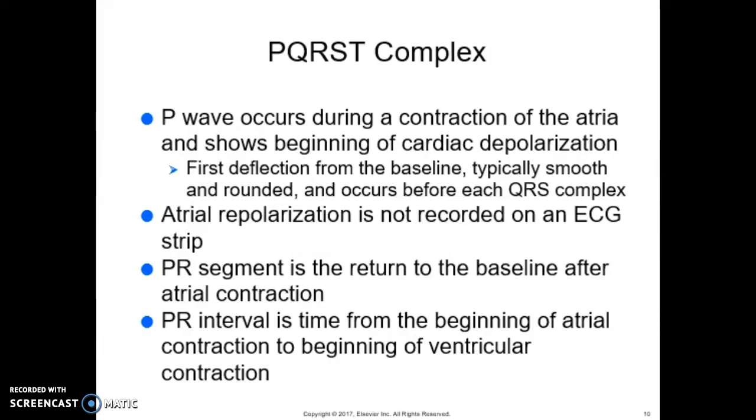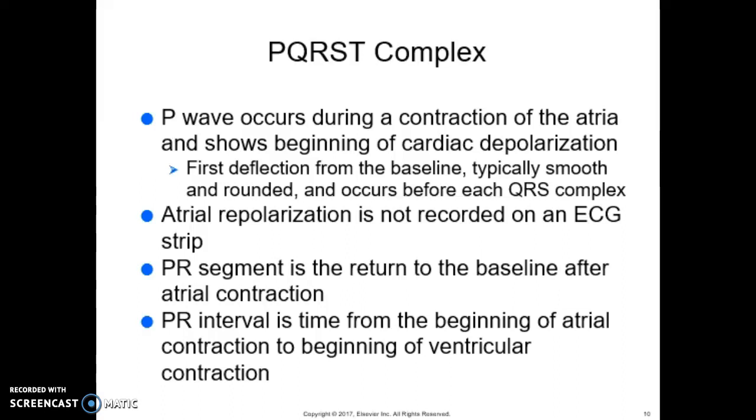So the PQRST complex. Why do you think the atrial repolarization is not recorded on the ECG strip? If you guessed that it's because the electrical impulse is small and is hidden in the QRS complex, you are correct.